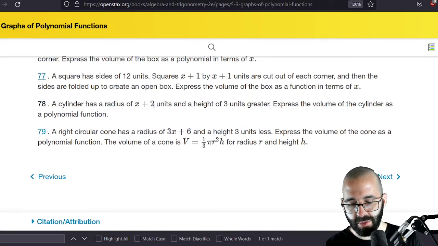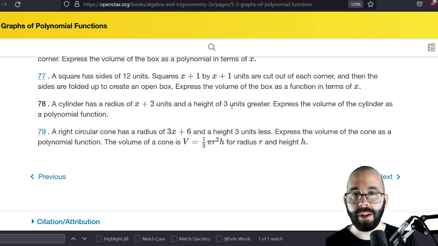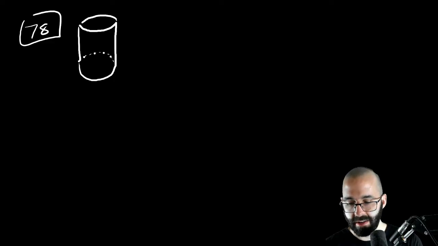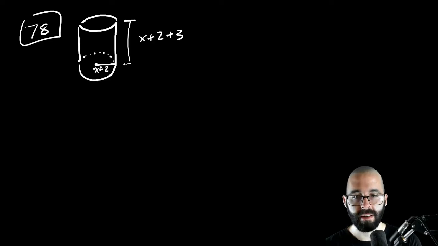A cylinder has a radius of x plus 2 units and a height of 3 units greater. The radius is x plus 2, and the height is the same as the radius, but 3 bigger. So that's just x plus 5.